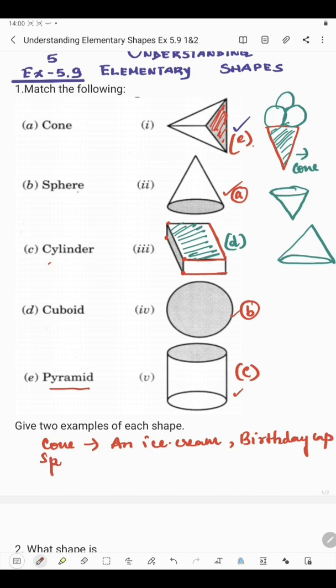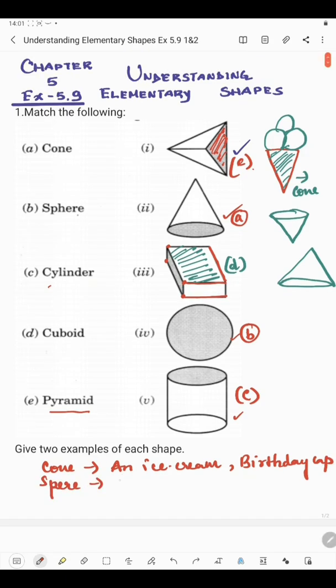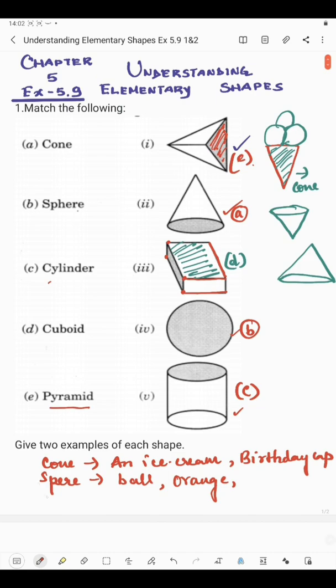Two examples of sphere are a ball, an orange, and marbles. Examples of cylinder: a pencil. A pencil is the shape of a cylinder. Pens and pipes.